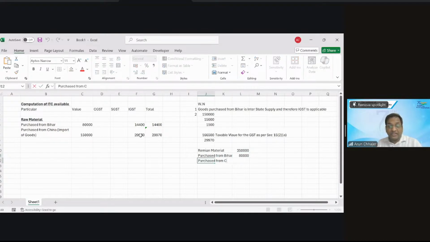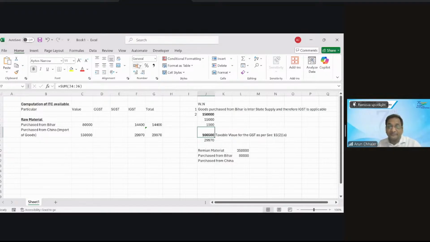Purchase from China, what amount should I take? Should I take 1,50,000 or should I take 1,66,500? There is an important difference. See, the taxable value, I'm not denying this fact, in this case will always be 1,66,500.